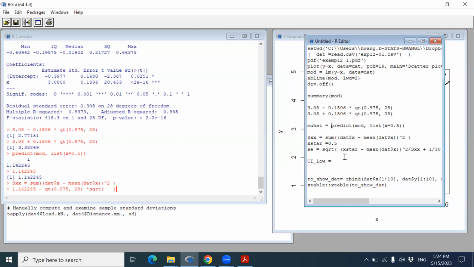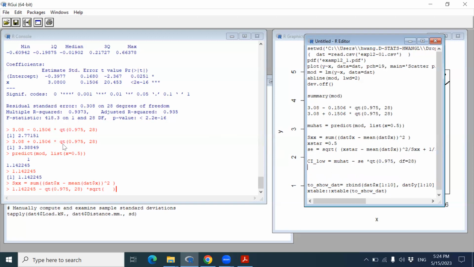It's this mu hat minus the standard error times the t critical value, qt of 0.975, with df equals 28. So that's the lower bound, and the upper bound is similar, but it's mu hat plus. So once we have these two lines, then we have our confidence interval.